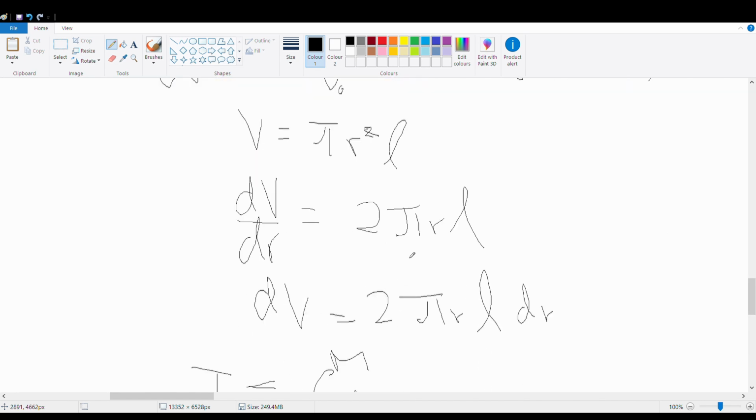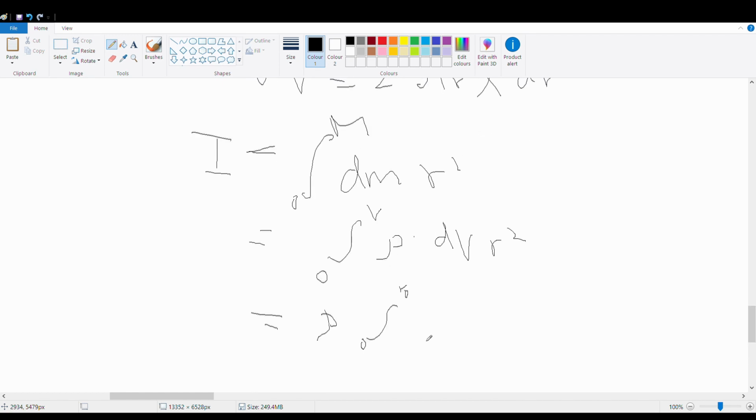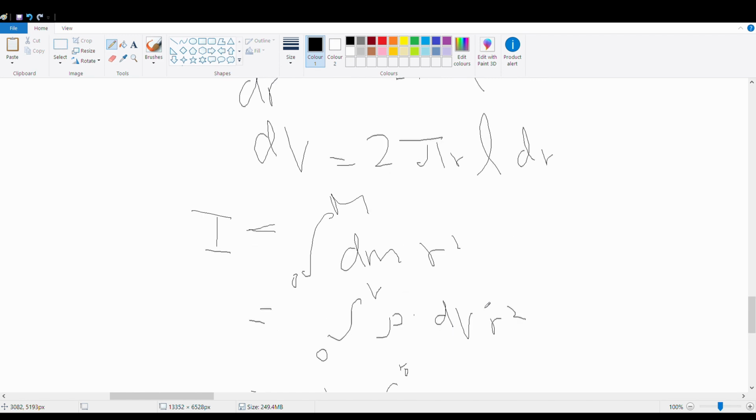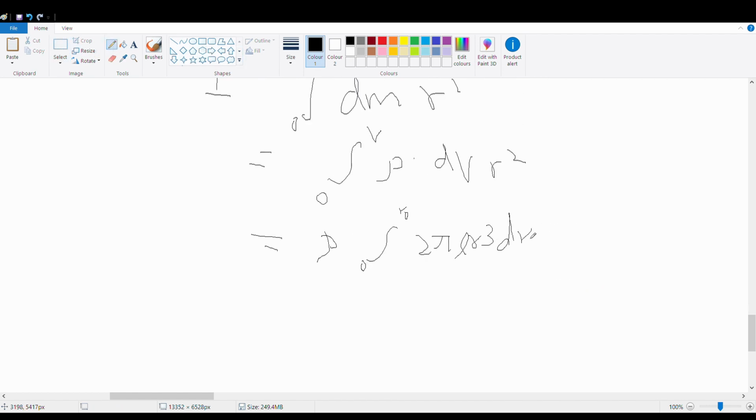So dv is actually equal to 2 pi r l dr. So we're going to write this as 2 pi r cube. Well, let me just write l here so it's clear. R cube dr. There's a dr here now.